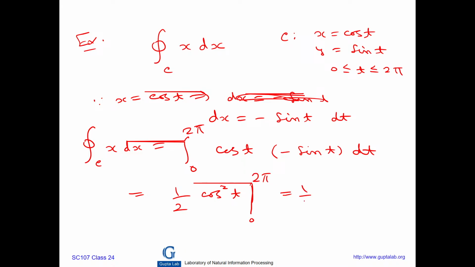This is half times 1 minus 1, and is 0. Right. So I hope you know how to do these calculations. Fairly straightforward. Just do the substitution and do the calculations, right? So integration along a closed curve C, in this case a circle, the value of this integral is 0.